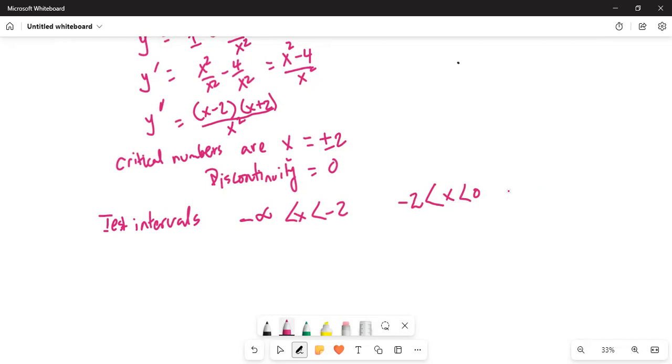Then the next interval will be 0 less than x less than 2, and the last, 2 less than x less than infinity. Okay, so we will look at the sign of y prime.